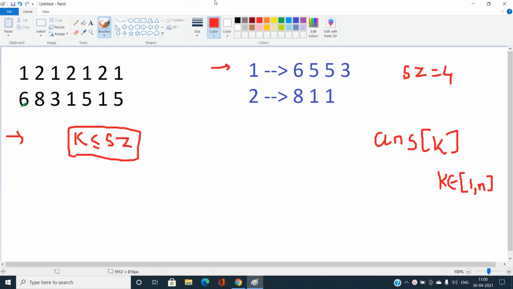Okay, so if K varies from 1 up to SZ, it means that I'm trying to pick the K strongest people for the formation of the first team, then the K strongest people for the formation of the second team, and so on.